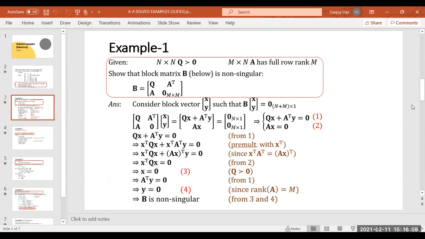And my question is if it is correct to do, but we have to show that X equals 0.